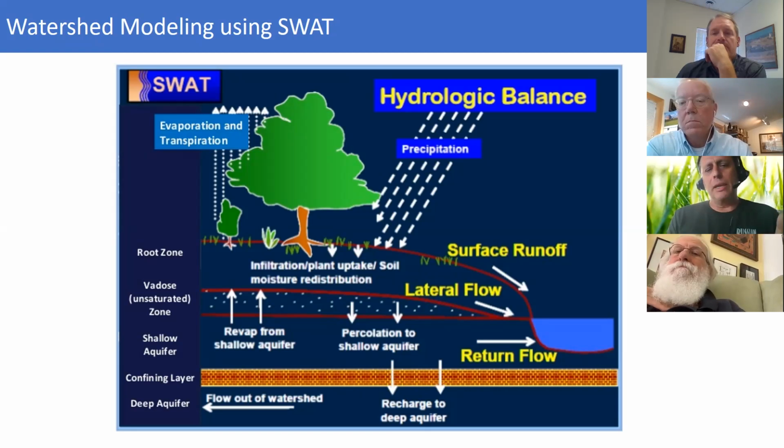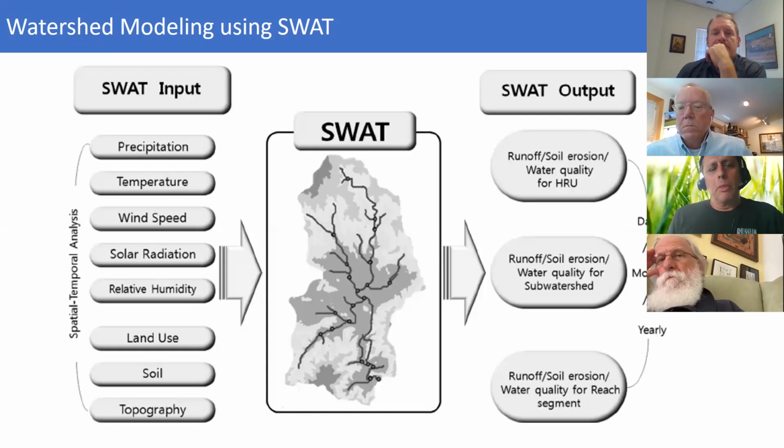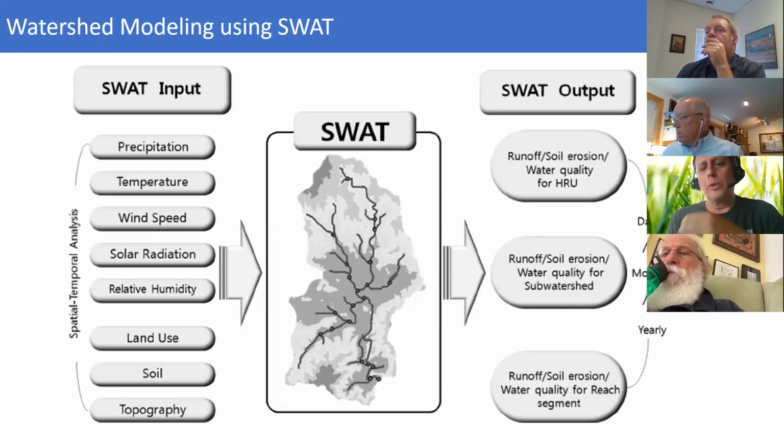As you see here again, there are many processes that are taken into account within the model. The SWAT model requires a set of input data sets, like the climate ones, for example precipitation, temperature, and so on, the land use, the soil types, the topography. All of that goes into building the actual SWAT model, along with fertilizer use, water consumption, and management practices, and that gives us our output, which can be at very different spatial scales as well as temporal scales.